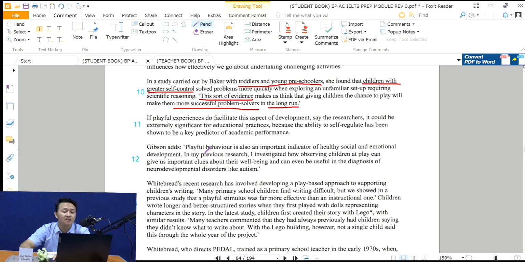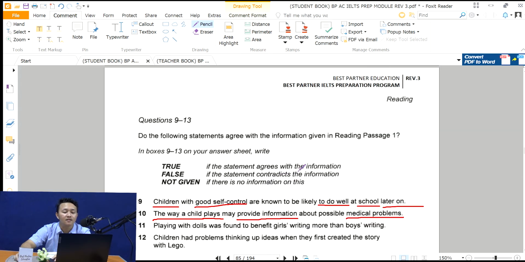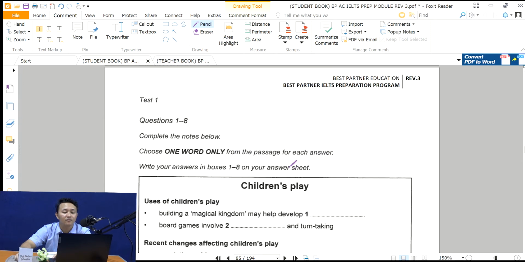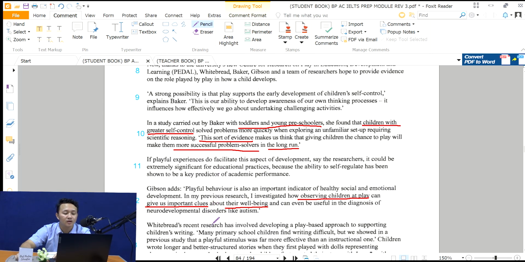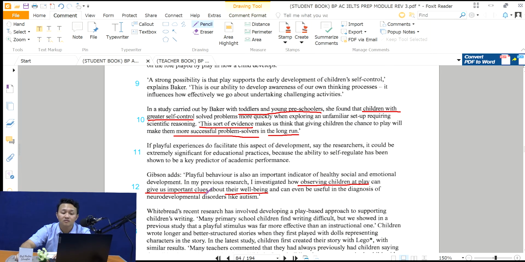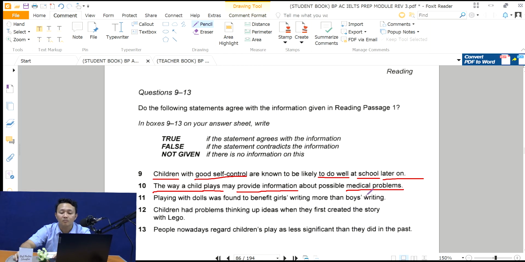Okay, it says here that Gibson adds, playful behavior is also an important indicator of healthy social and emotional development. In my previous research, that refers to Gibson, I investigated how observing children at play can give us important clues about their well-being. Okay, that's the synonym. Provide information, that refers to here, give us important clues. And then this, their well-being, that refers to medical problem.